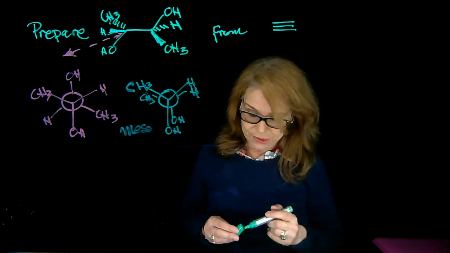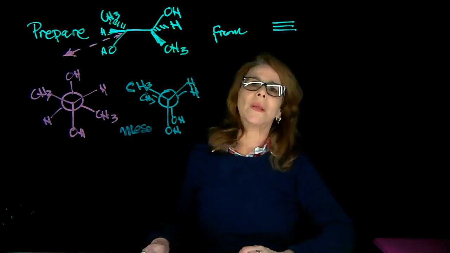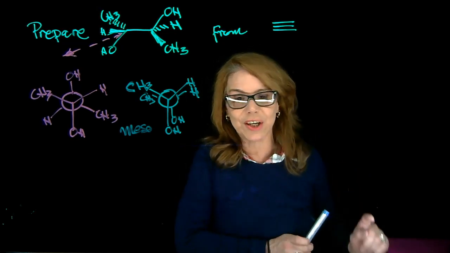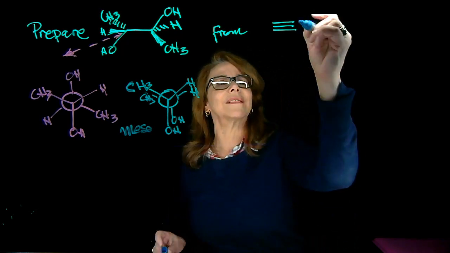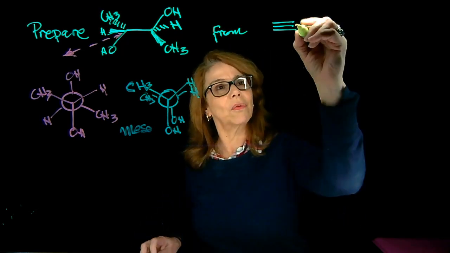So things that we need to realize when we are designing the synthesis: I see that I need to add 2 more carbons to the chain. The best way to do that is using the acid-base property of the hydrogen here. We have 2.